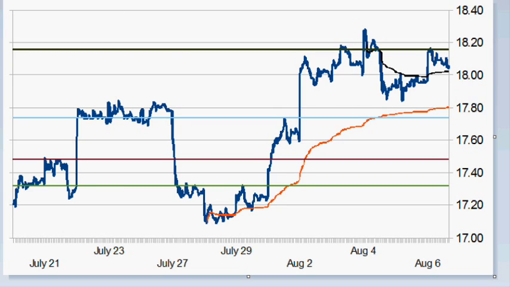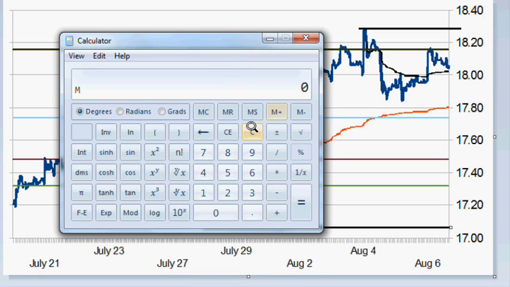For the support levels, the first Fibonacci is the level from this one towards this one down here. Now we already know it's 17.04 for a bottom and 18.30 for a top, which is going to give you a total of $1.26.